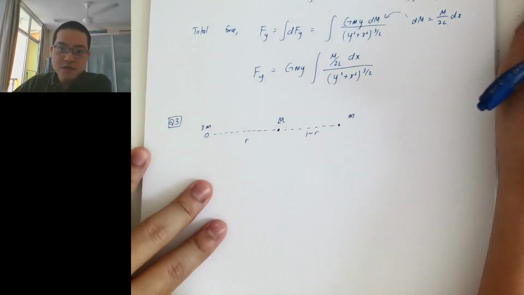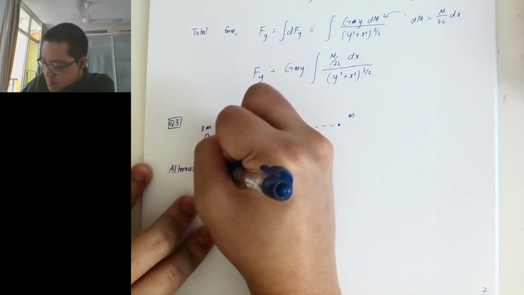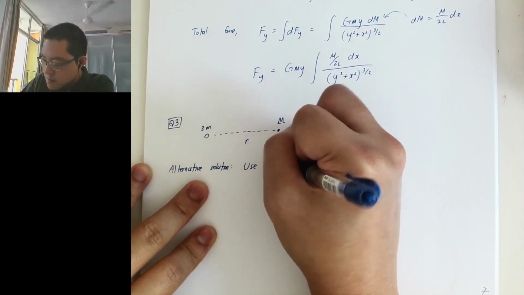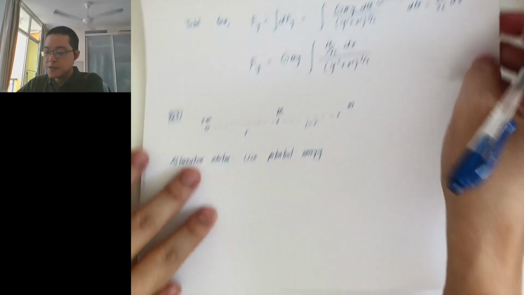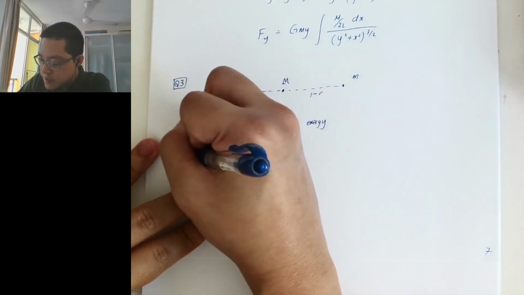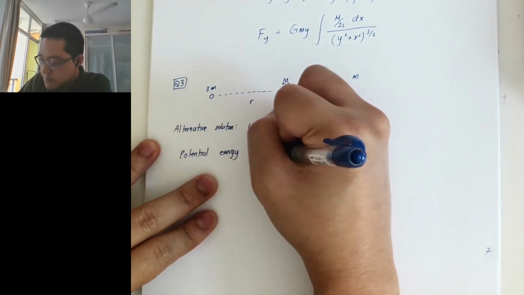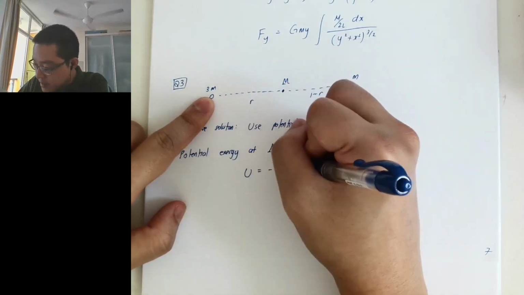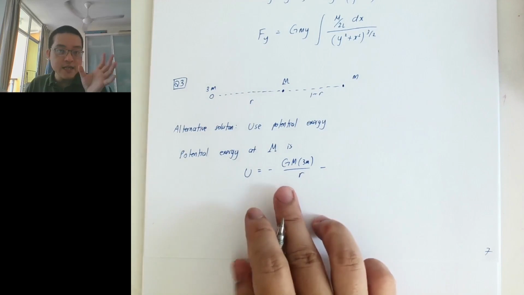Okay, so I want to solve this again, but using an alternative solution. My alternative solution is to use potential energy. So what's my potential energy? My potential energy at m is U. For potential energy between here and here it is negative G m 3m over r, and potential energy is a scalar, right?